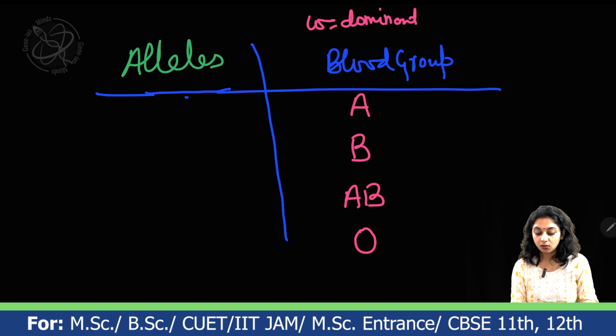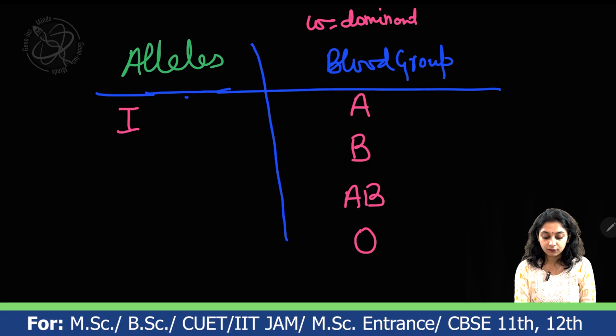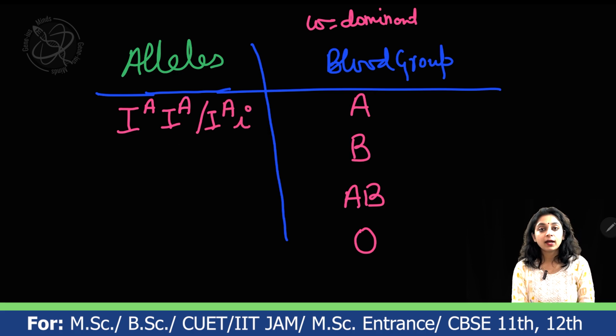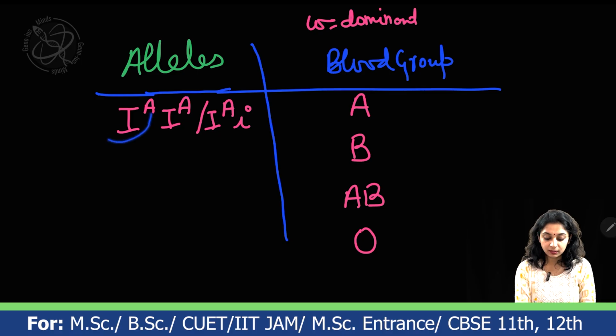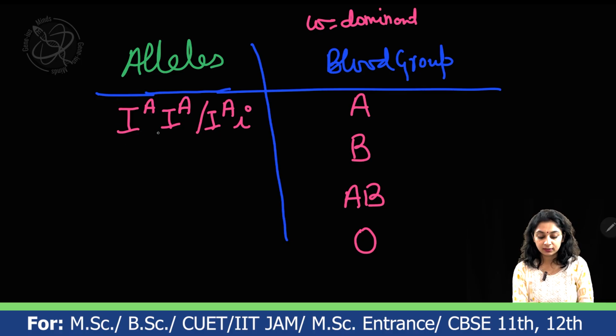All the individuals whose blood group is A, you are going to see them with the presence of allele IA IA or IA small i. Why am I writing it twice? Because one of them is coming from the father and another one from the mother.